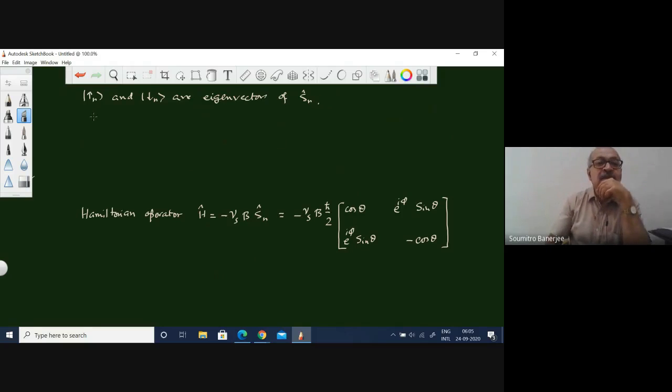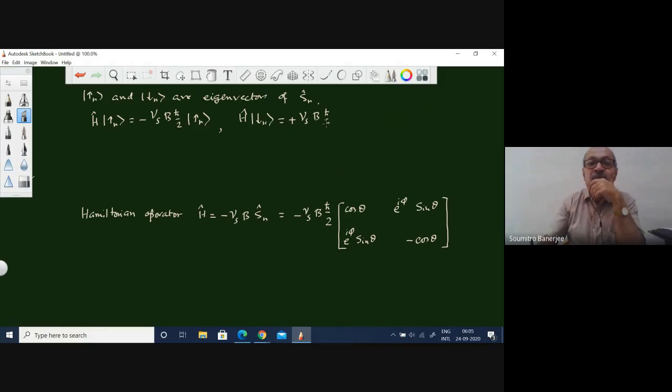So we can write the Hamiltonian operator operating on up n then becomes this term, minus gamma S B h cross by 2, times up n, and the Hamiltonian operating on down n becomes, this time it is plus, because it will be minus h cross by 2, so plus gamma S B h cross by 2, times down n.